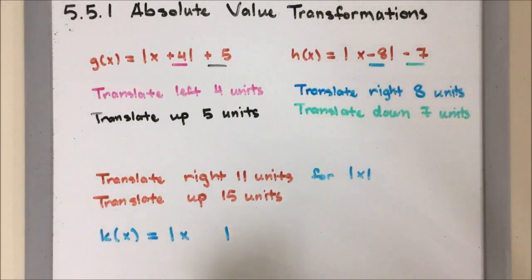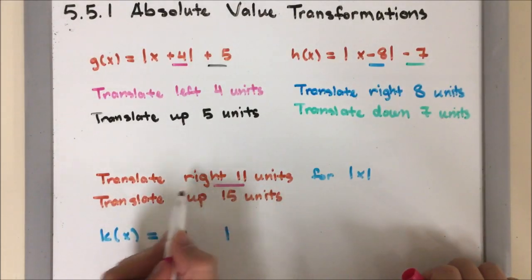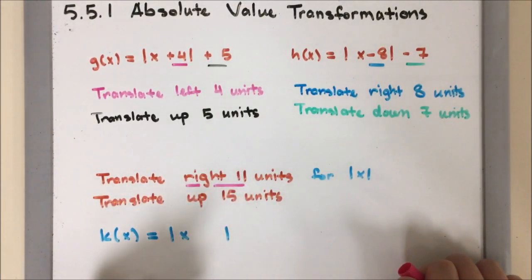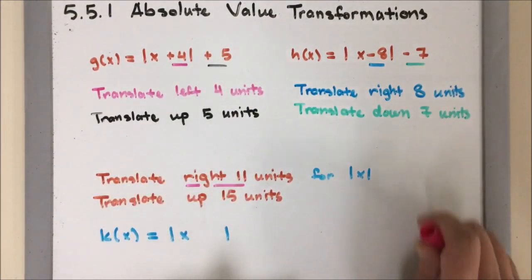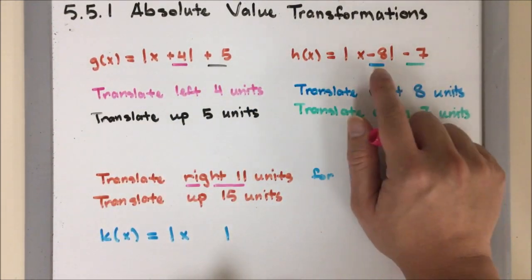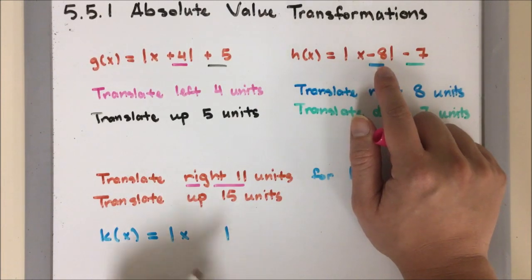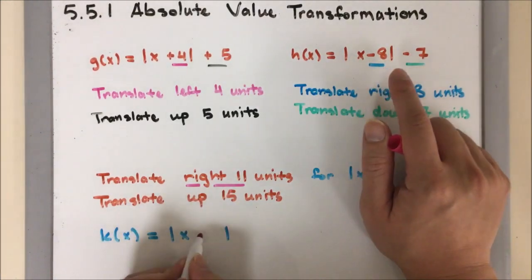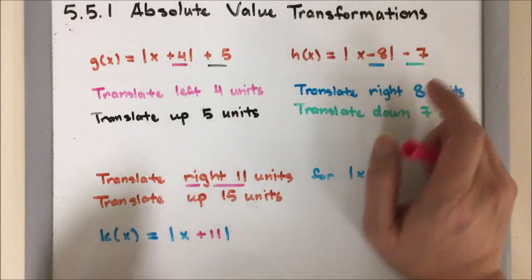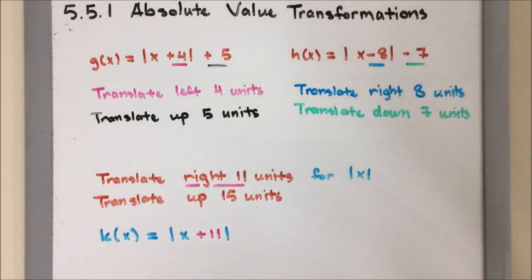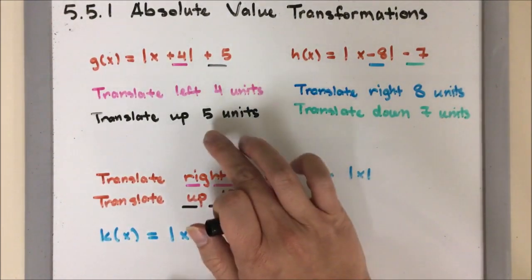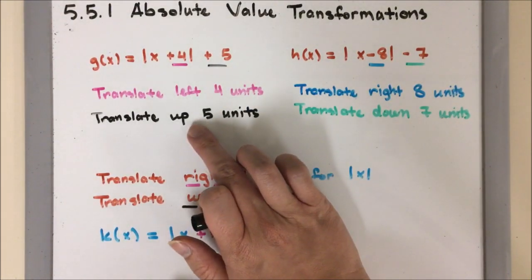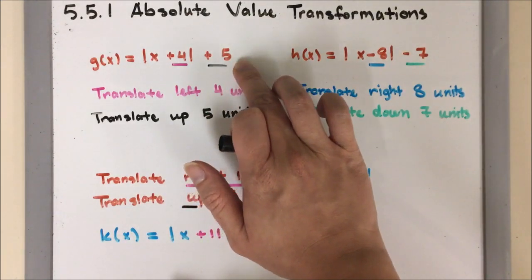Now since it says right 11, if we compare to the previous example, there we have right 8, and you see it's minus 8. So if it says right 11, that means I'm going to write plus 11. And then the next one says up 15. In the previous example, it says up 5 and it was written as plus 5.